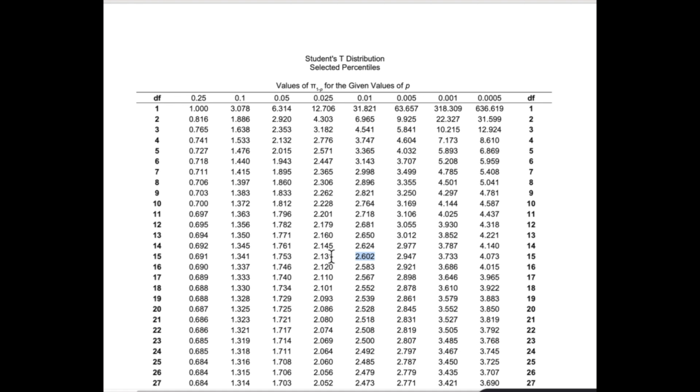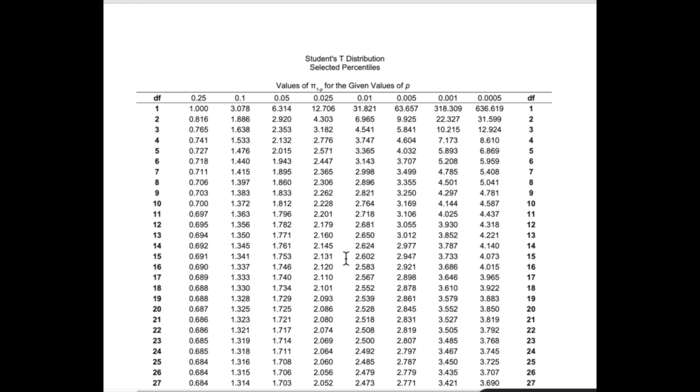Let me back up a second. We know that by definition of what these values represent, the probability that a t-random variable is greater than or equal to 2.131 is 0.025. And we know that the probability that a t-random variable with 15 degrees of freedom is greater than or equal to 2.602 is 0.01.